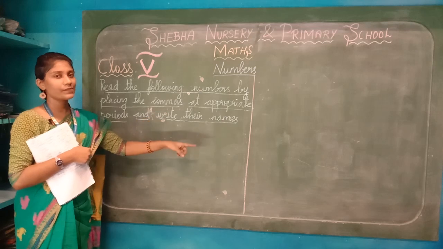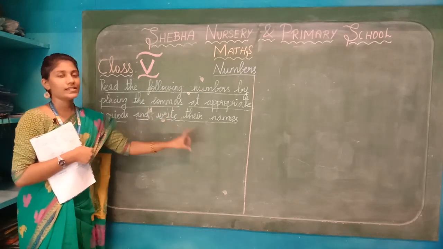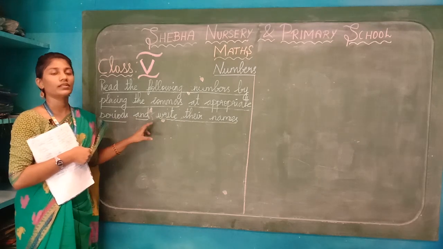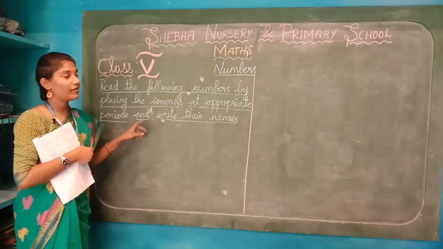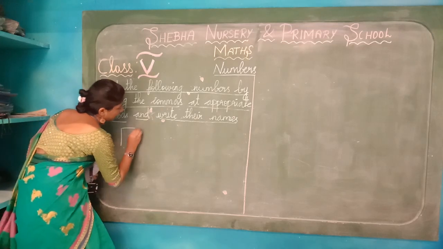Periods means ones, tens, 100 is one period; 1000, 10,000 is one period. First now I draw a tabular column. Listen carefully children.